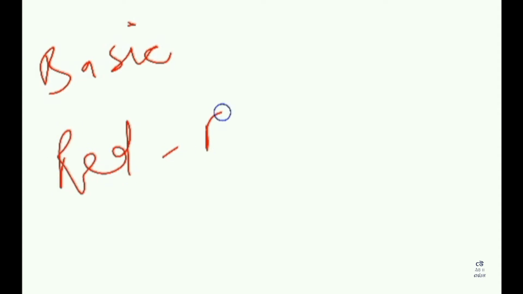टॉकिंग अबाउट बेसिक सॉल्यूशन, here as soon as this basic solution will come in contact with the red litmus paper, this red litmus paper will turn bluish in color. This will indicate that okay, this particular solution is basic in nature.